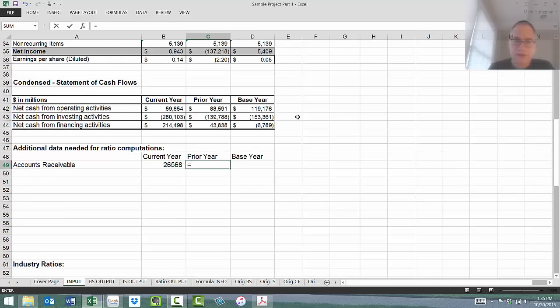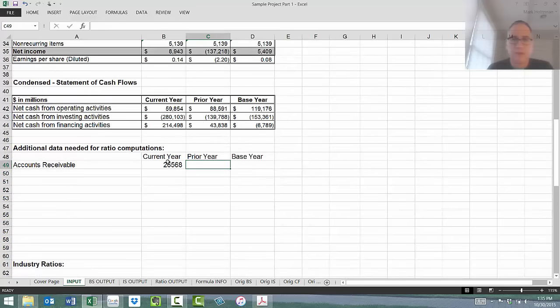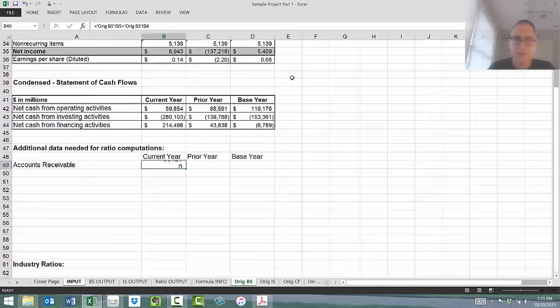And then I've got the prior year here. Actually, there's this joint interest billing receivable too. You know what? I'm going to do both. This is a little unusual, but so I got revenue receivable and joint interest billing receivable together.